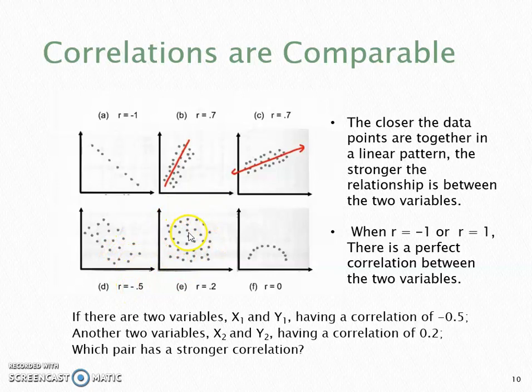Another two variables, x2 and y2, have a correlation of 0.2. You can tell the correlation between x1 and y1 is stronger than the correlation between x2 and y2, even when you don't know anything else about those variables.